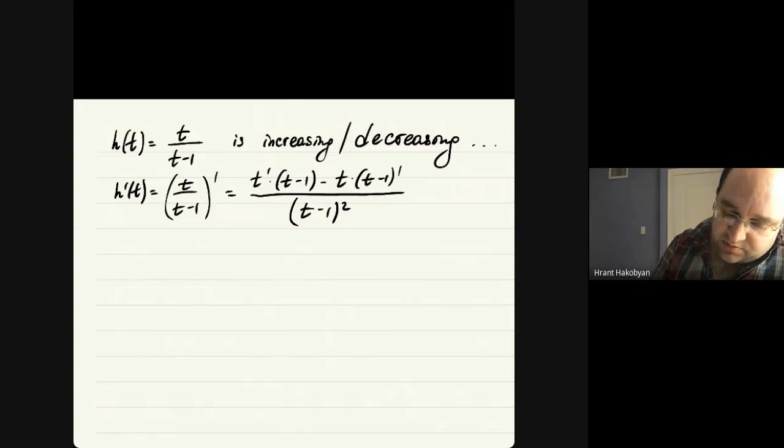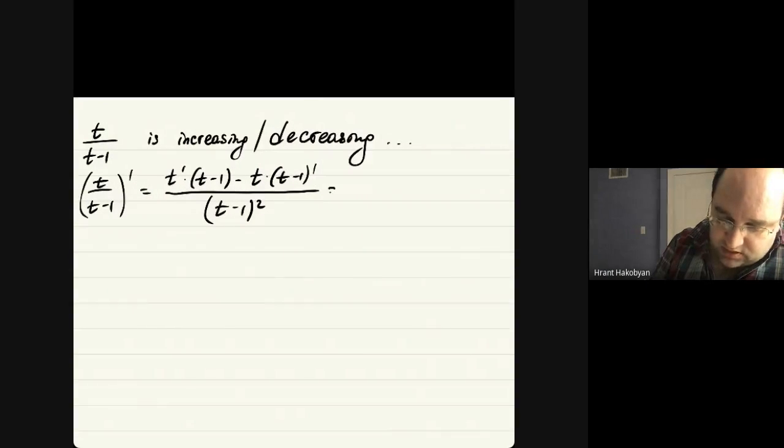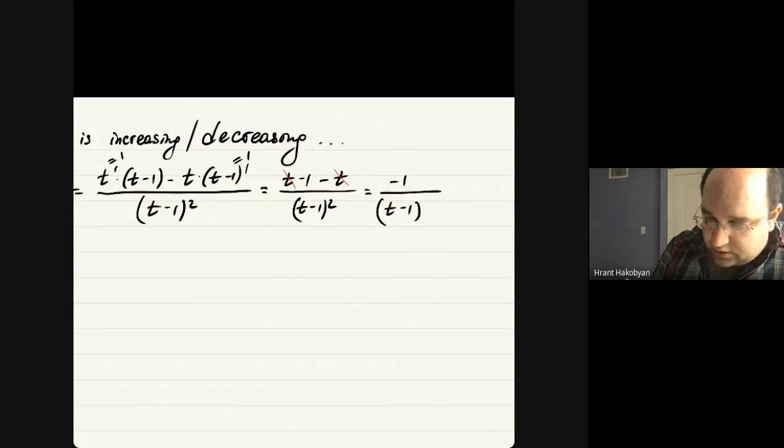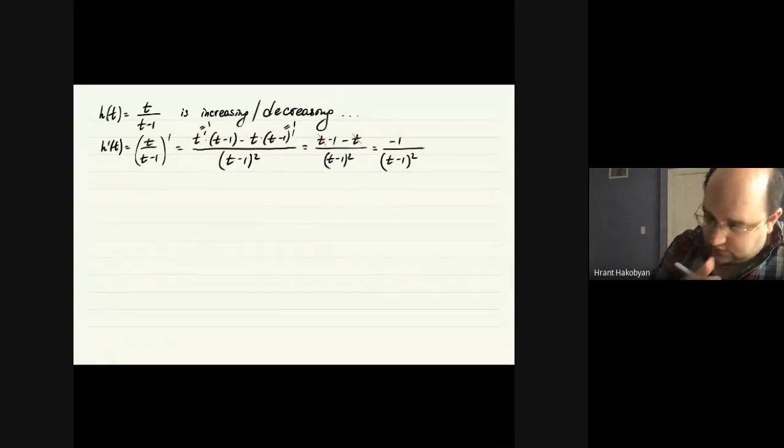After some simplifications, t prime is 1, so I can write 1 times t minus 1, that's just t minus 1, minus t times 1, since t minus 1 prime is 1, divided by t minus 1 squared. Then I can cancel, and I get negative 1 divided by t minus 1 squared. So that's my derivative.